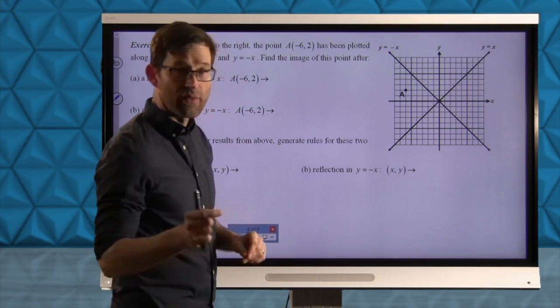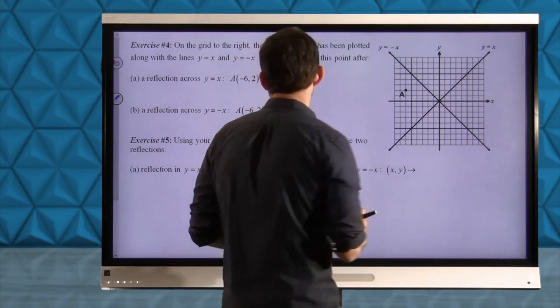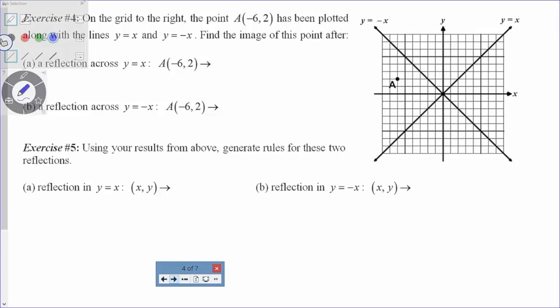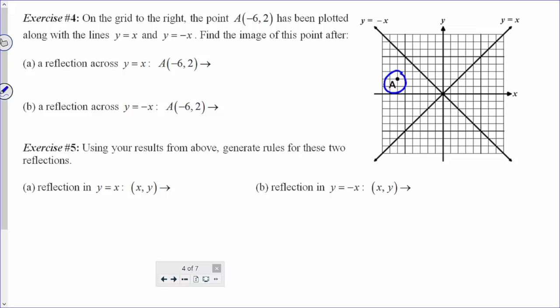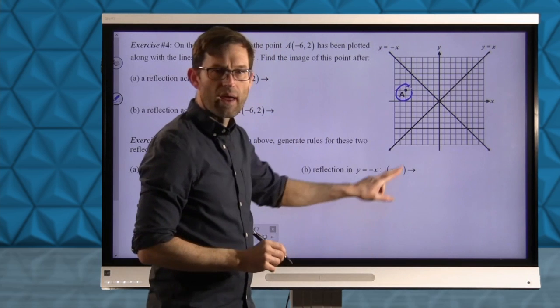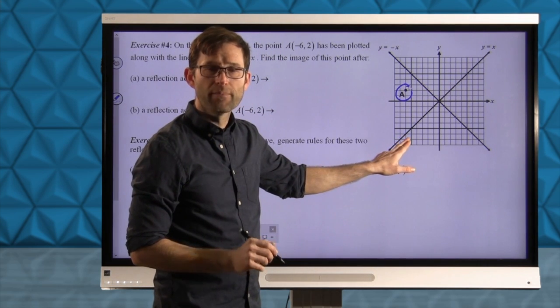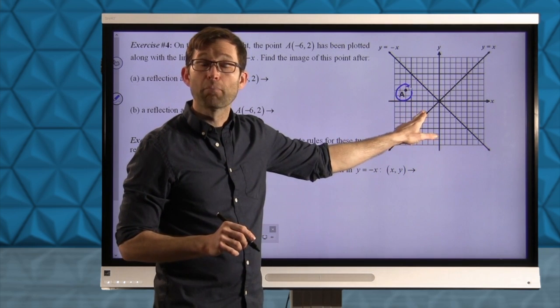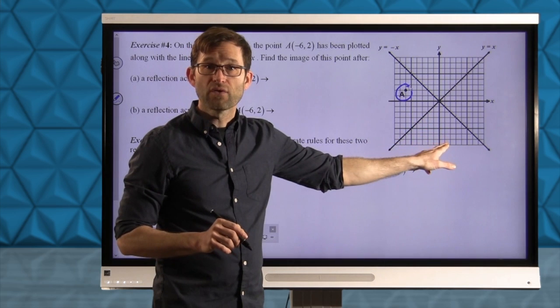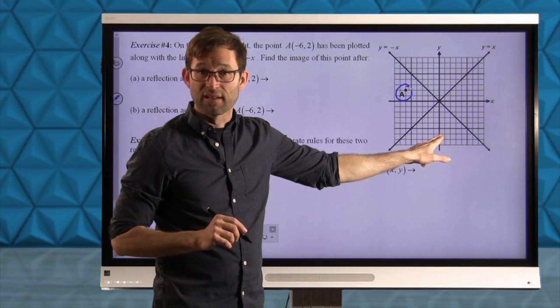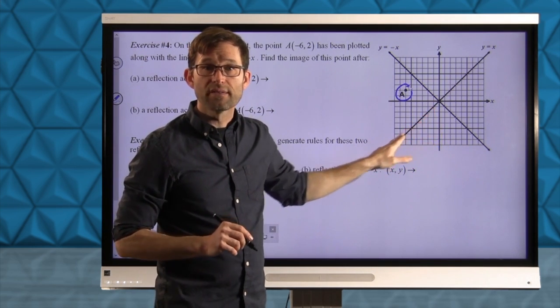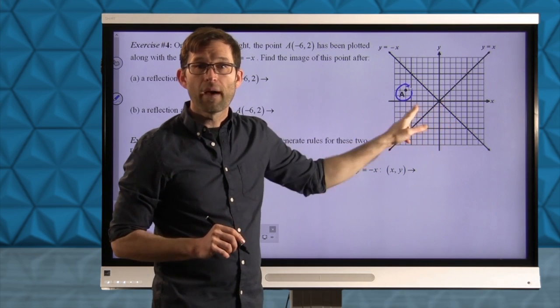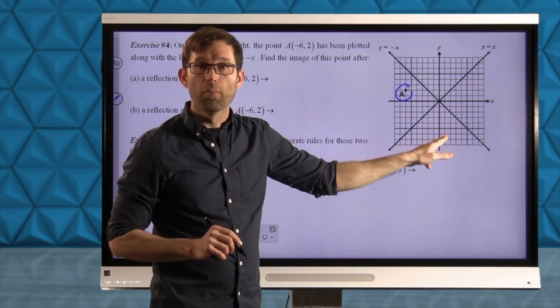So let's first together do a reflection across the line y = x. I want to take this point and reflect it across this line. To do that, I need to come into this line perpendicular and go out of it the same distance. Since this line has a slope of 1, I have to come in at a slope of -1.